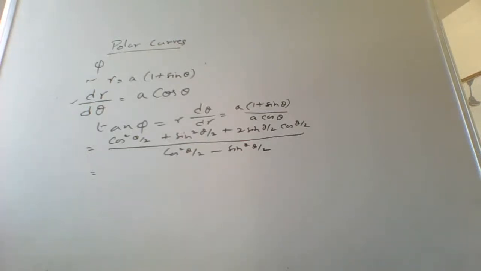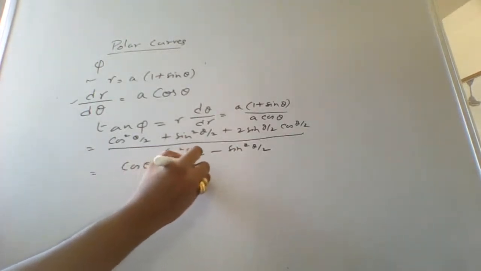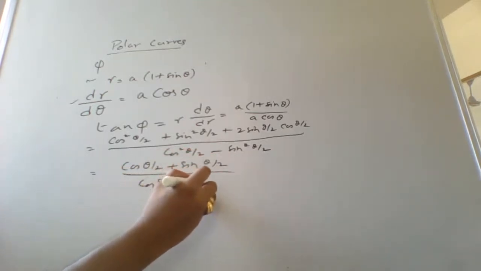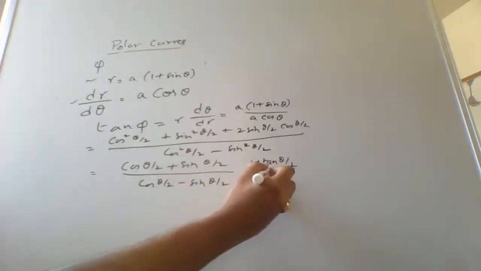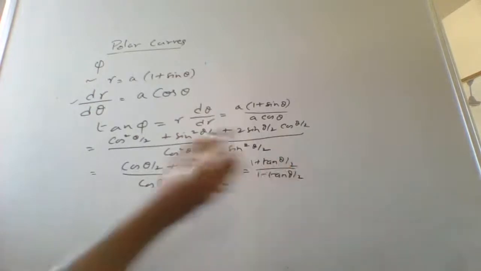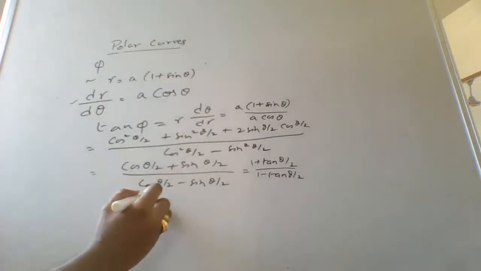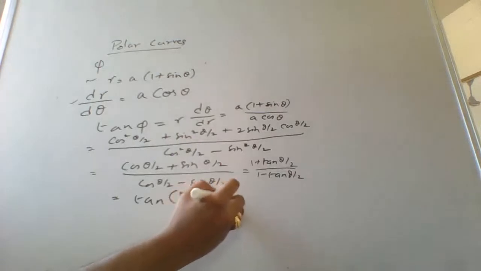So one of the terms gets cancelled, and I'll be left with cos theta by 2 plus sine theta by 2 divided by cos theta by 2 minus sine theta by 2. This I can further simplify as 1 plus tan theta by 2 divided by 1 minus tan theta by 2, which can be written as tan of pi by 4 plus theta by 2.